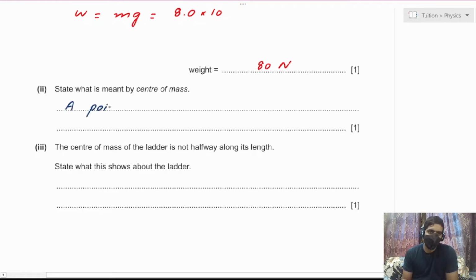The point where the whole mass, or the entire mass, of the object appears to be concentrated.